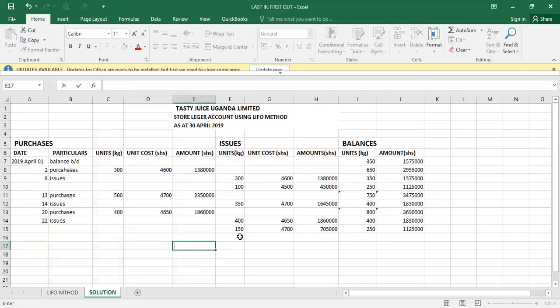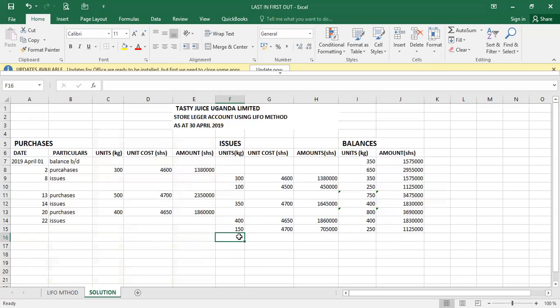But remember, we are not done yet, because this 400 and this 400, it means here we've so far given out the 400 plus the 150, that is 550.